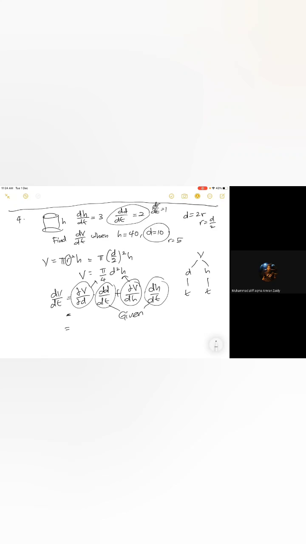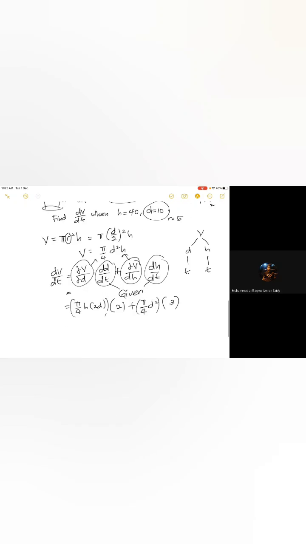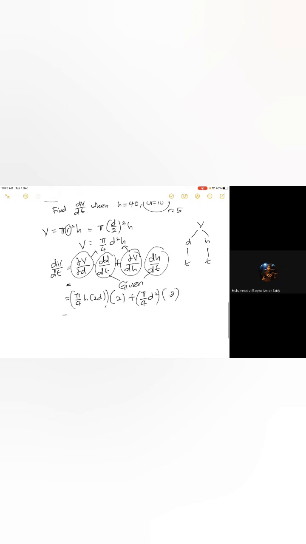So when you want to differentiate with respect to d, your h is constant, so you akan dapat pi over 4 h 2d. dd/dt is 2. When you want to differentiate with respect to h, your d is now constant, so pi over 4 d squared. dh/dt is 3. Okay, so you'll have, ini boleh potong, d h pi plus 3 over 4 pi d squared.